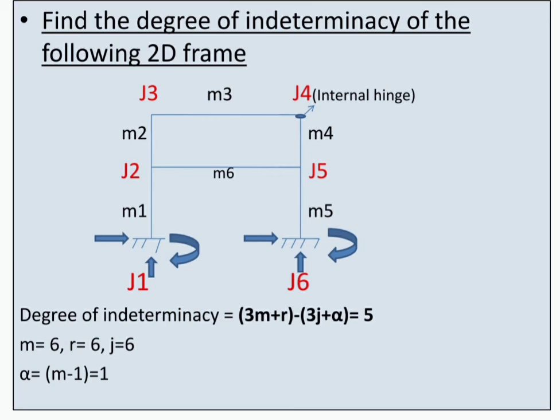So we will have an alpha value. Alpha value will be the total number of members joining at the hinge minus 1. In this case, the total number of members joining at the internal hinge is 2. So 2 minus 1, that will be 1. So if we put all the values in the formula, we can find the degree of indeterminacy comes out as 5. That means this frame structure is statically indeterminate by 5 degrees.